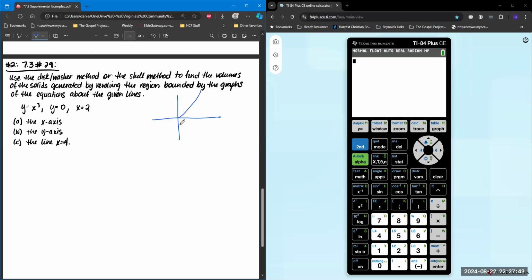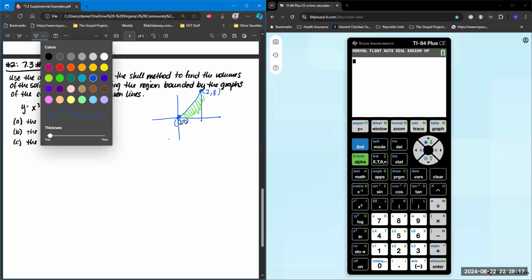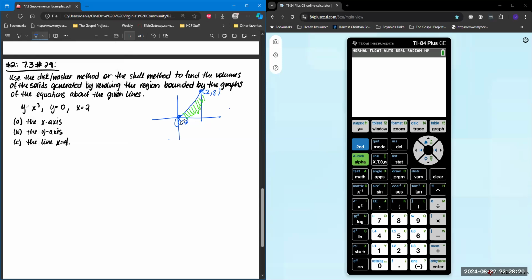So x cubed, at 2 it's 8, starting at 0, 0 down here, and so we're talking about this region right here, bounded by y equals x cubed, y equals 0, and x equals 2, revolving first around the x-axis.